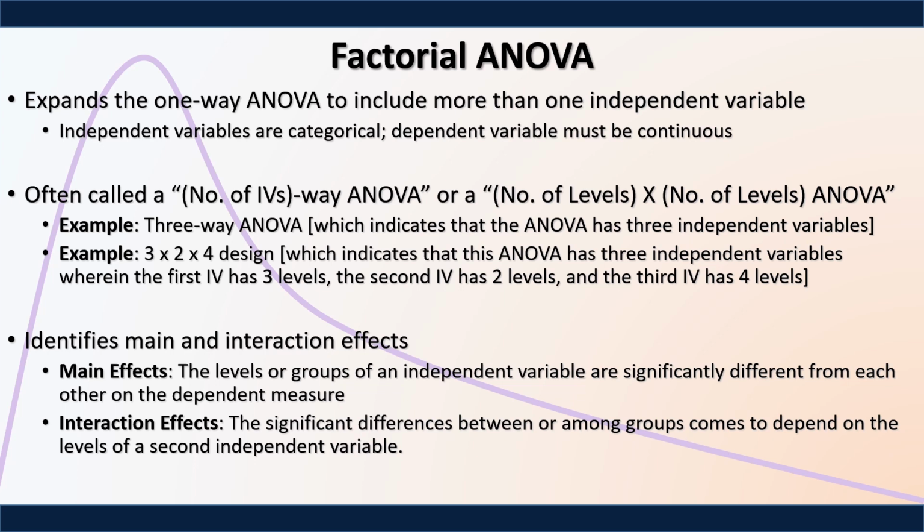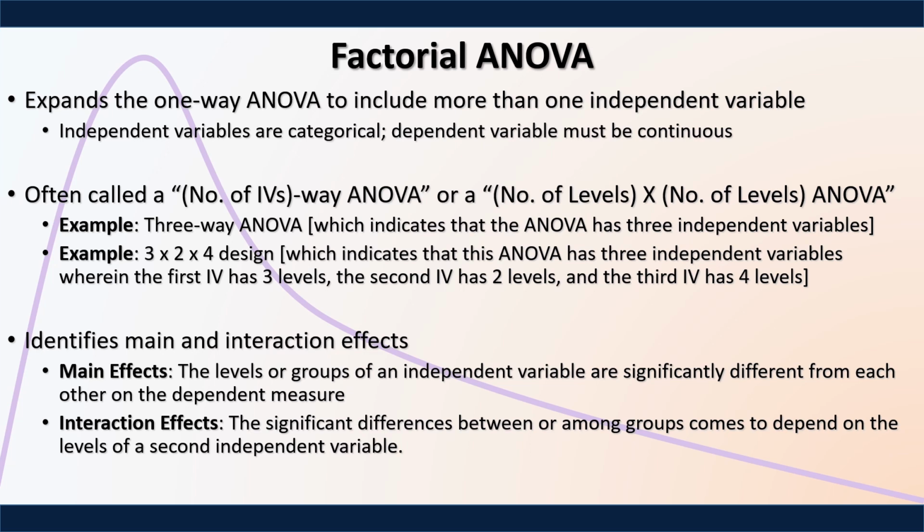In our report, we refer to ANOVAs as blank by blank by blank ANOVAs, substituting the blank here for the number of groups for each independent variable. So if I'm looking at age, children and adults, and gender, males, females, and transgender, as my primary independent variables, I would have a 2 by 3 ANOVA.